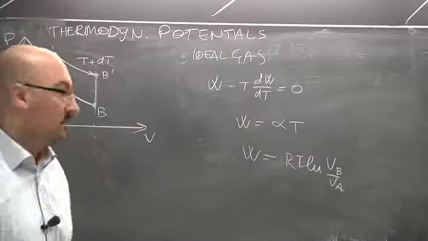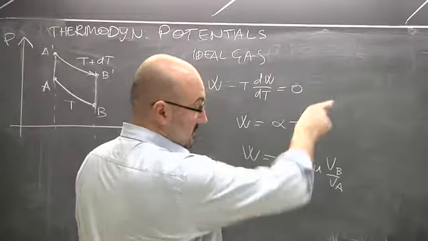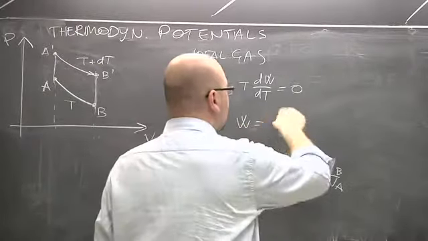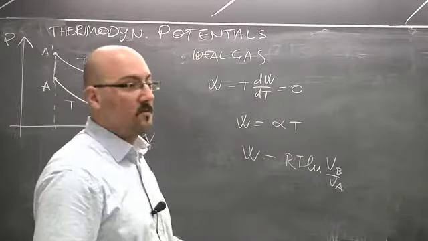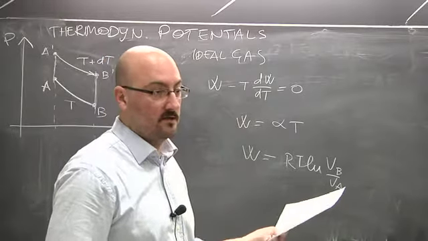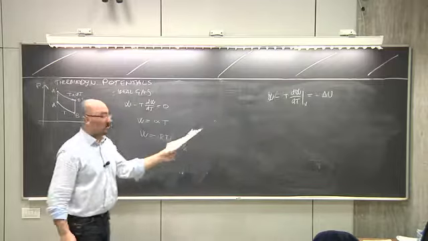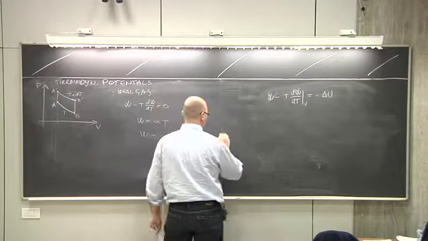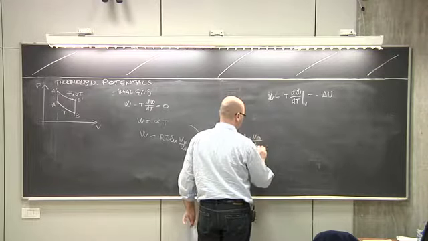Okay. So from this isochoric transformation, and as an application of the free energy, we see that we can immediately say that W has to be proportional to T. But the proportionality constant, we cannot get it, because we are doing the transformation at constant volume. So this constant depends on the volume.